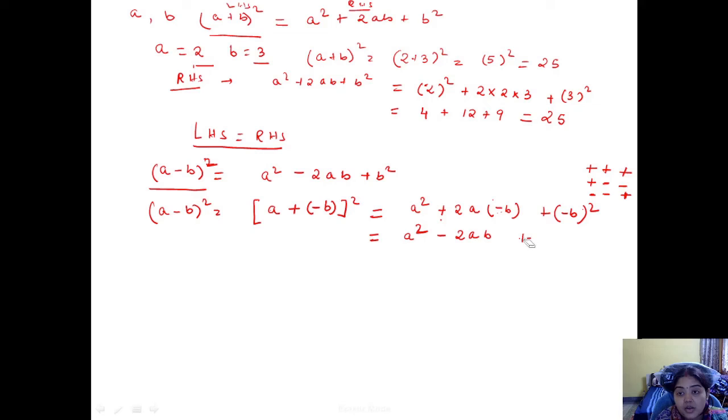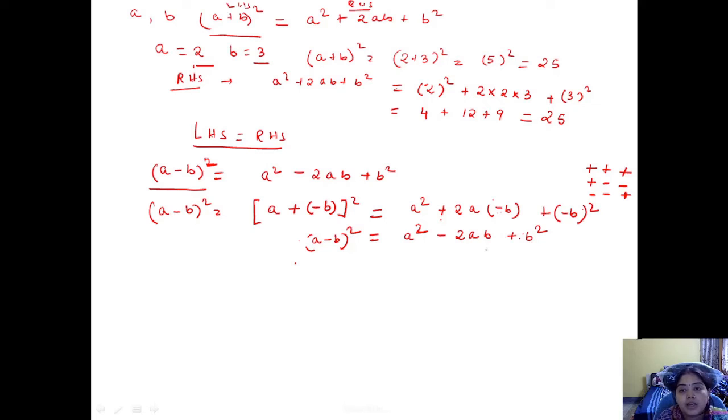Now a square of a negative is always positive, so it will give b square. So hence it is proven. (a minus b) whole square is always a square minus 2ab plus b square.